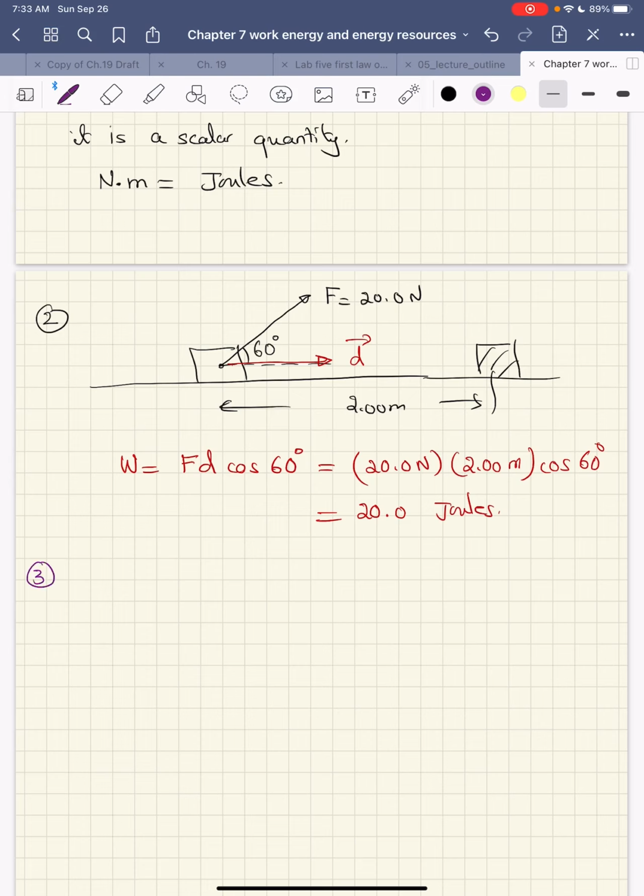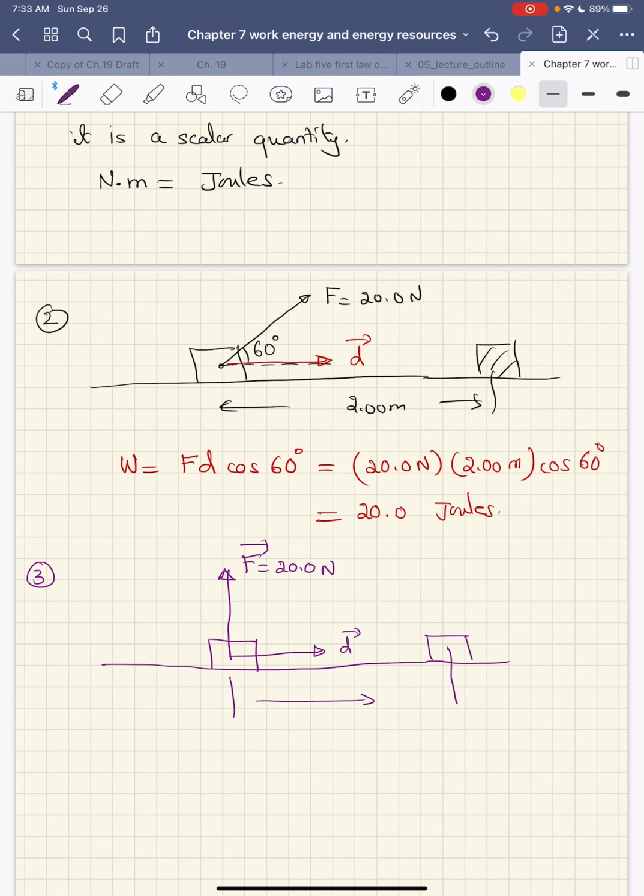Number 3, there is another case which is very interesting, which is when I have, this is the displacement and this is the force. Here, it's not lifting an object, it is carrying an object and moving horizontally. Okay, then you are carrying a bag or your backpack and you are moving horizontally, and as a result, your object was moving, let's say, 2 meters to the right.